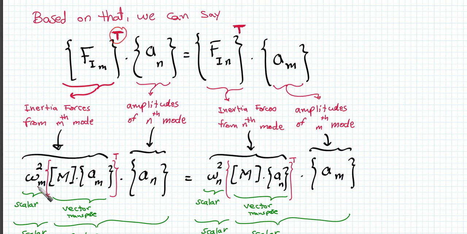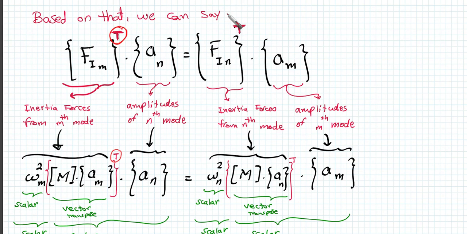So it equals omega m squared times M. This is the vector transpose, so we are maintaining the same transpose here. M times Am, right? Mass matrix times the amplitude, times the omega squared. This is what we have said before. It is the inertia force, right? We have mentioned this before.